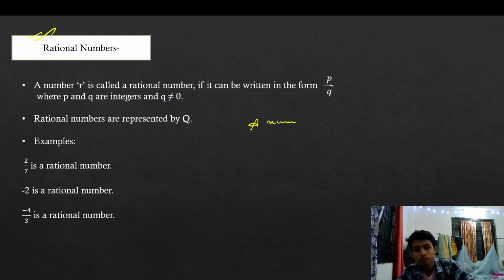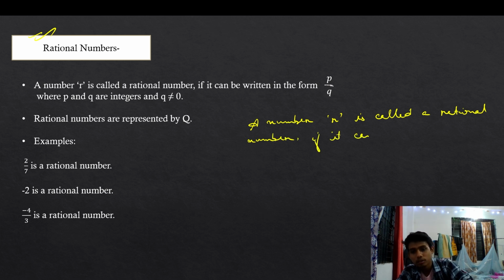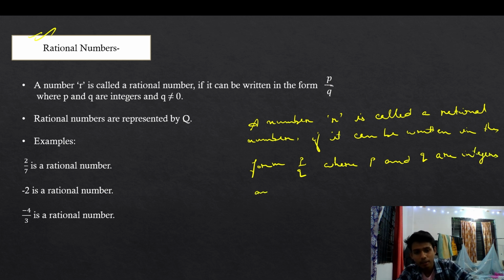A number R is called a rational number if it can be written in the form P by Q, where P and Q are integers and Q is not equals to 0.